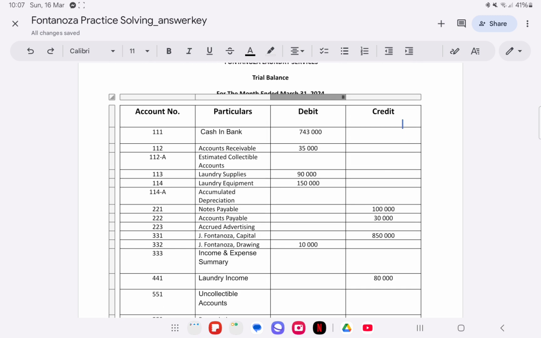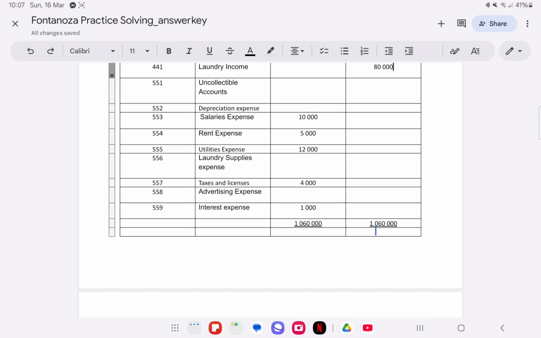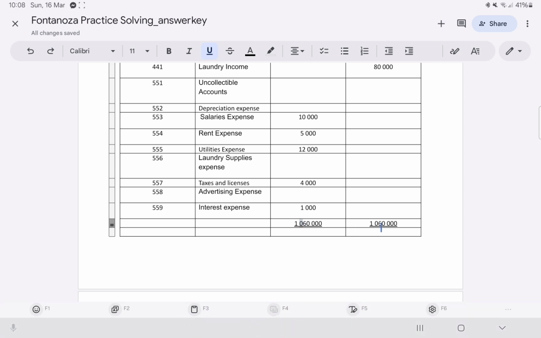And the total of all the credit, 100,000 plus 30,000, 850,000, 80,000, a total of 1,060,000. Okay, so if that is the same, therefore we can say that this is balanced.